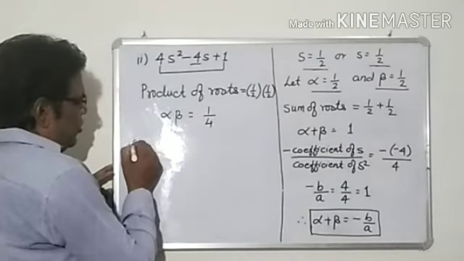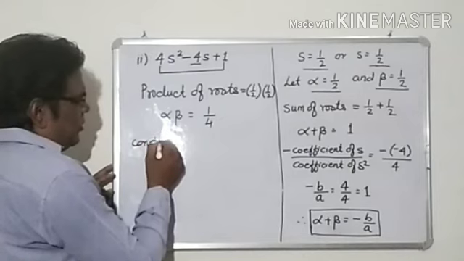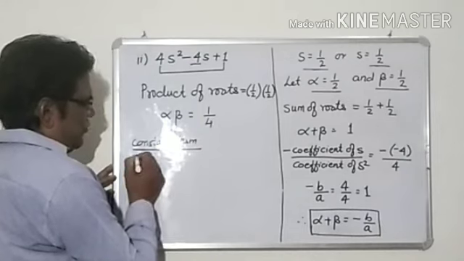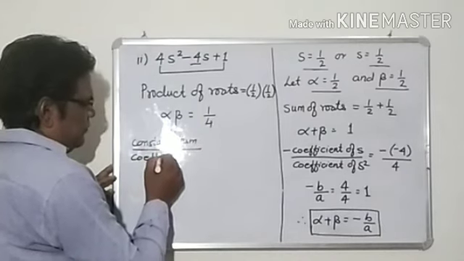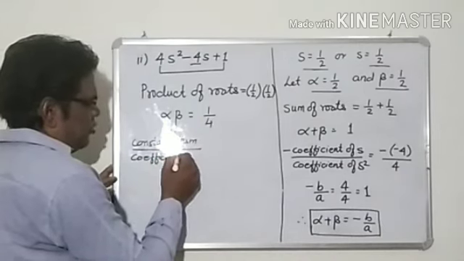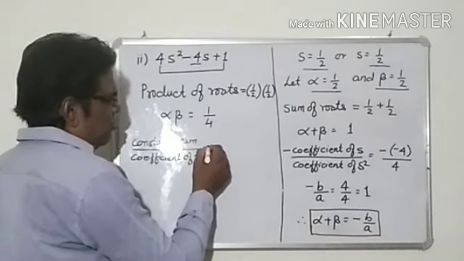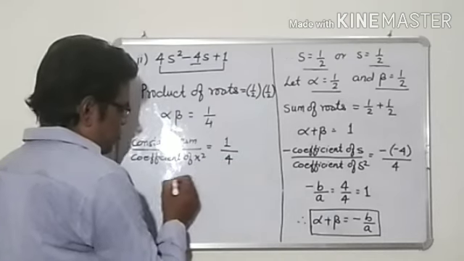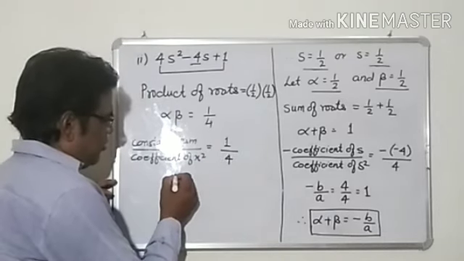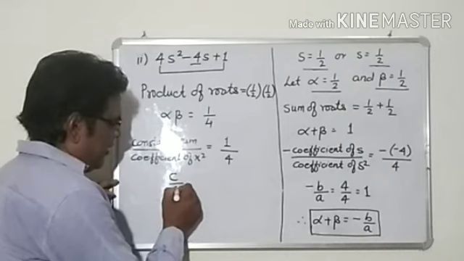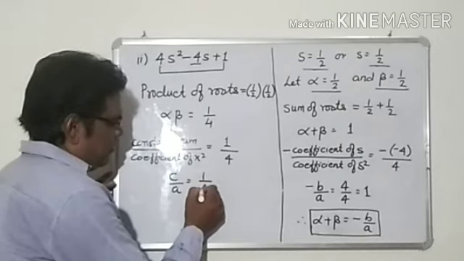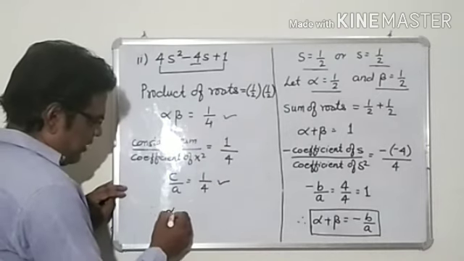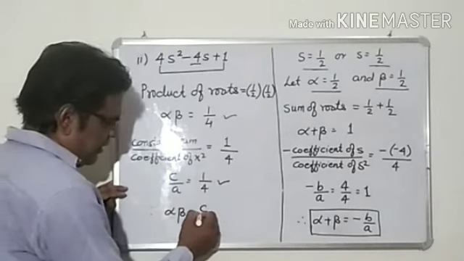Now you will do the constant term upon coefficient of x square. So constant term is 1 and coefficient of x square is 4. So constant term is c upon a. You get this as 1 by 4. As you see, this and this are same. So therefore alpha beta equals c by a.